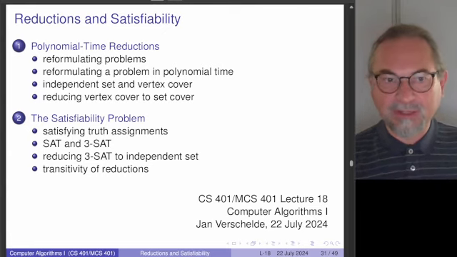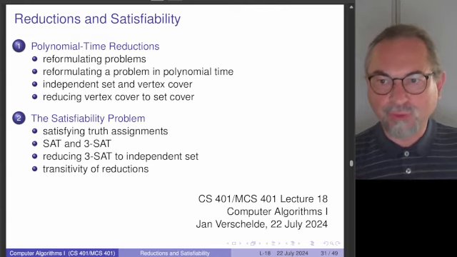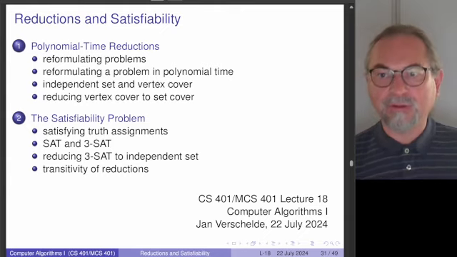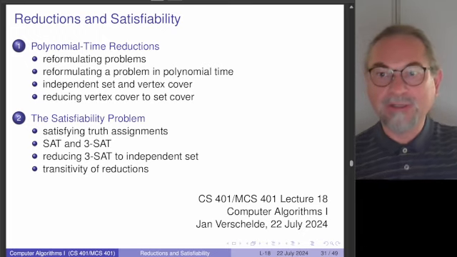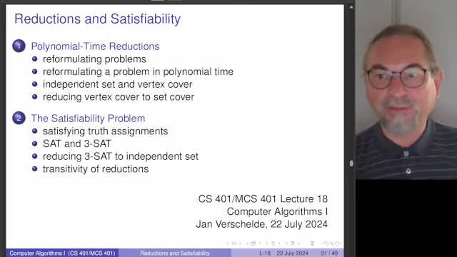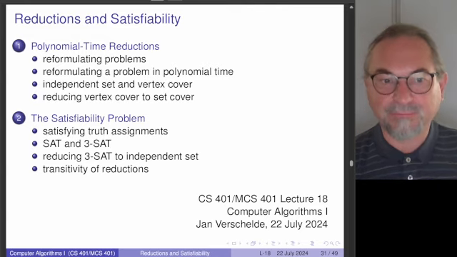We say that they are polynomial time reducible if, having an efficient algorithm for the second problem you reduce it to, you also have an efficient algorithm for the first problem.